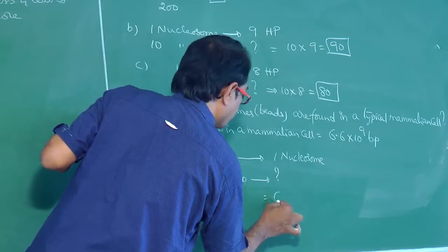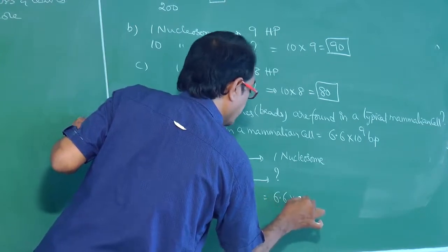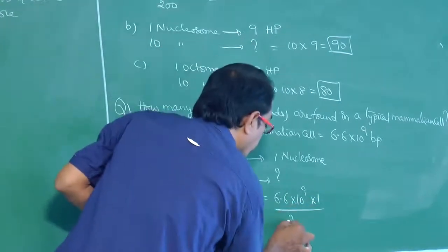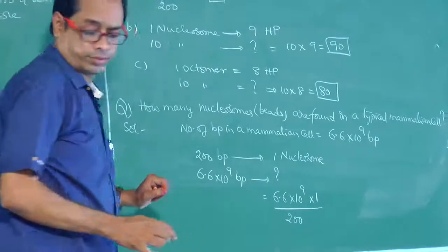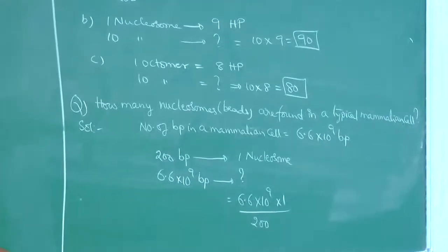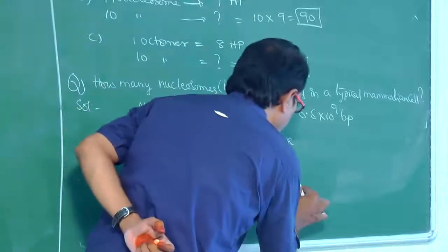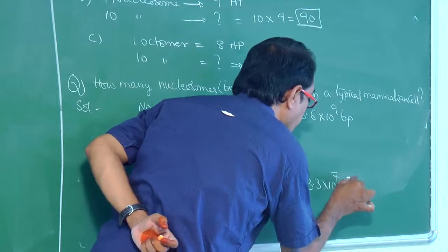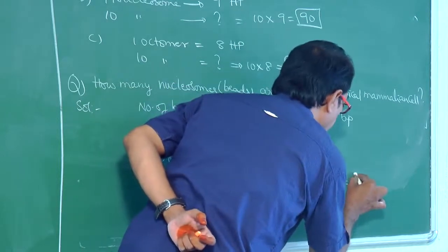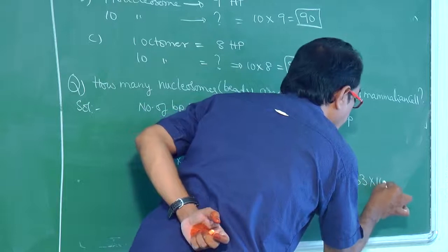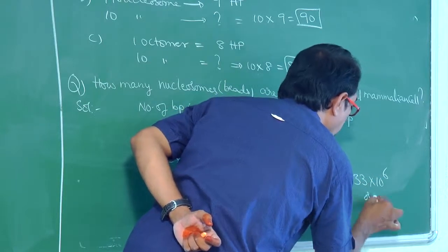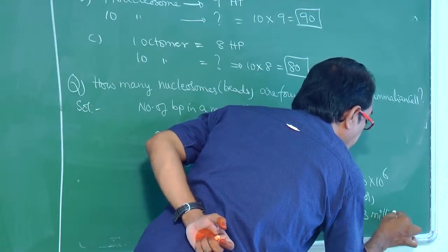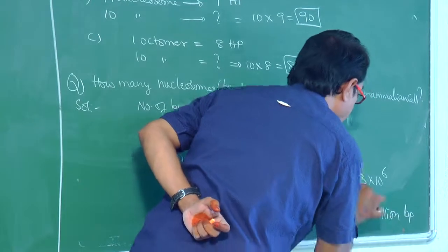That is 6.6 into 10 power 9 into 1 divided by 200, which is 3.3 into 10 power 7, that is equal to 33 into 10 power 6, or 33 million.